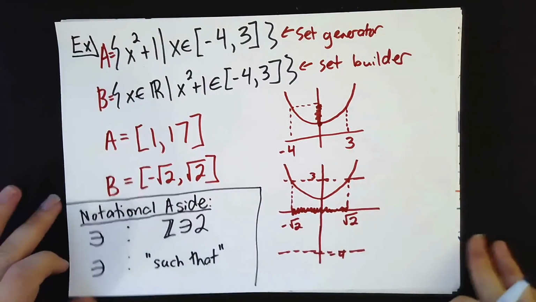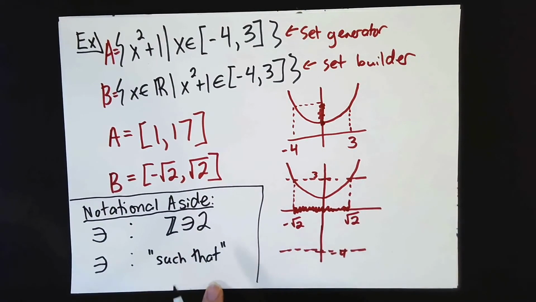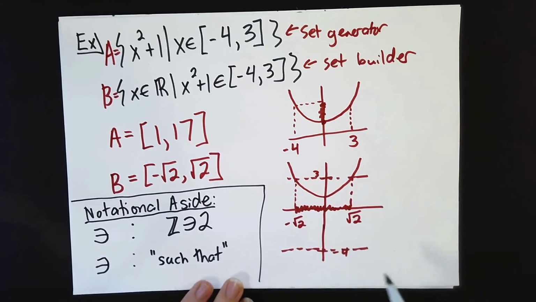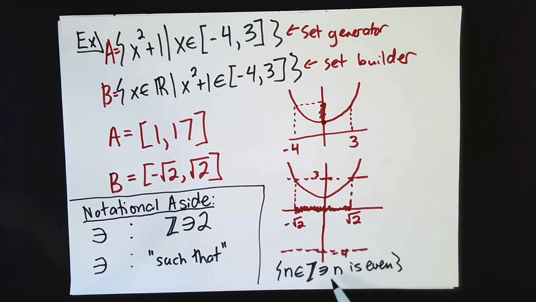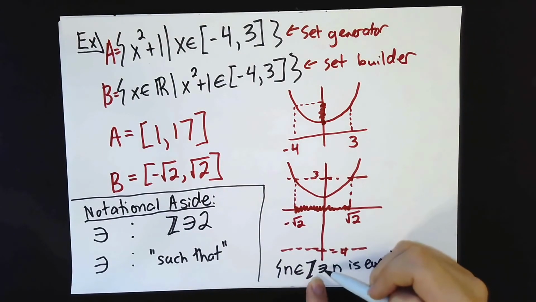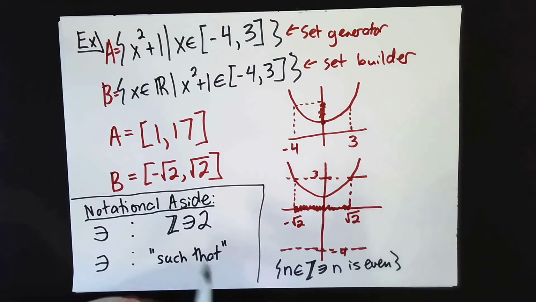You will never, ever, ever see me do this, because I think it makes everything look horrible, but you would see, for example, some people write this, where they're using this symbol in place of my vertical bar. I, again, would not do this.